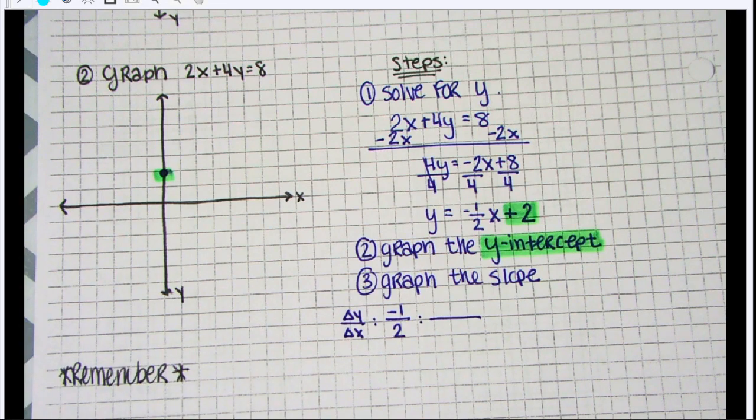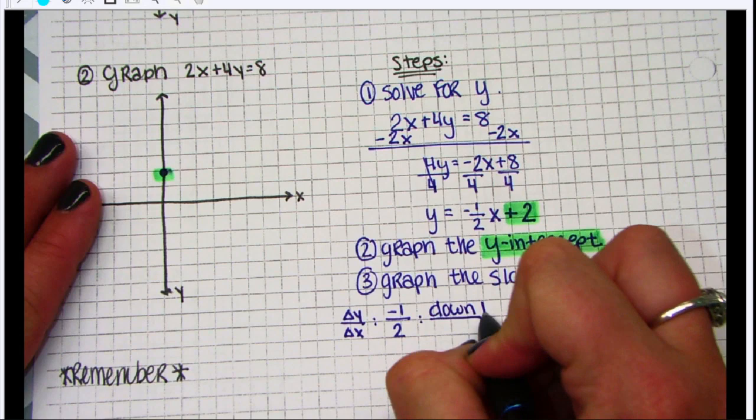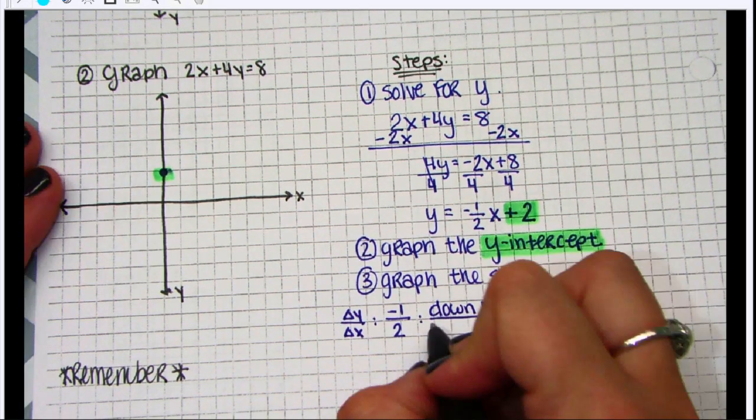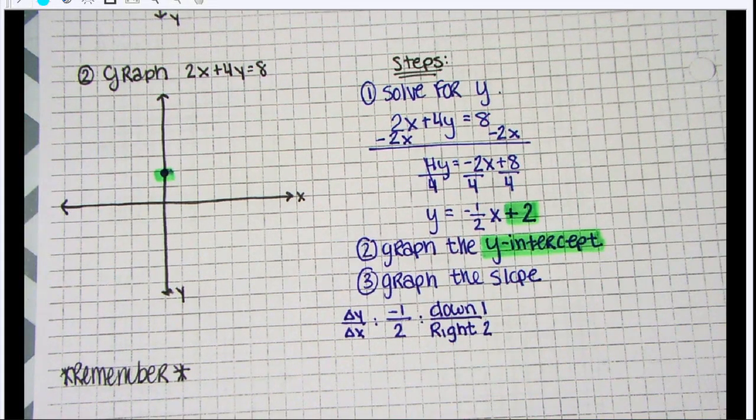Okay, down 1. And when you say over, what direction do you mean? To the right? Good. Right 2. Taking the time to write it down will help you make less mistakes. So from the y-intercept, we're going to go down 1 and to the right 2.